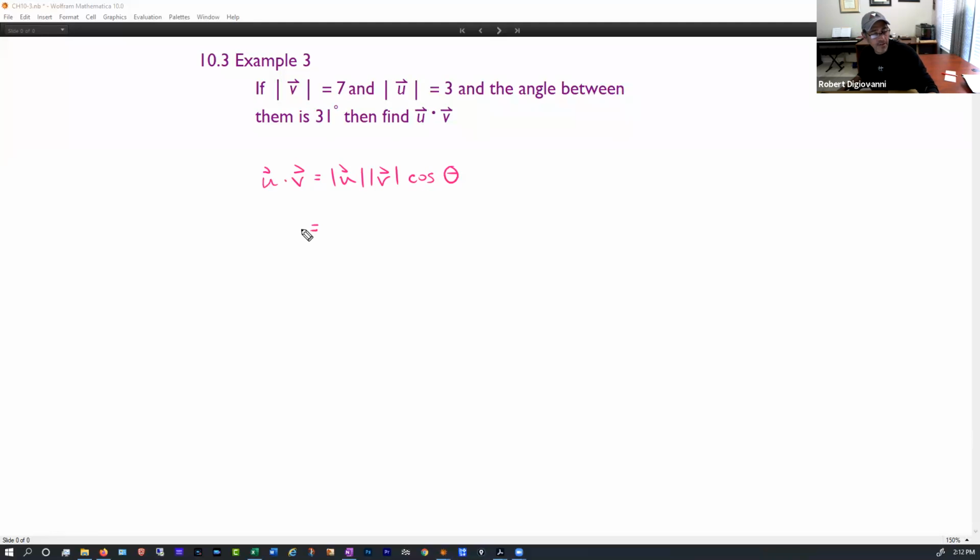So I just need my calculator to do this: 21 cosine of 31. I would make sure I'm in degree mode on my calculator, because it says 31 degrees. 21 times cosine of 31 is about 18.0005.